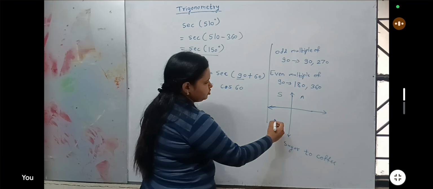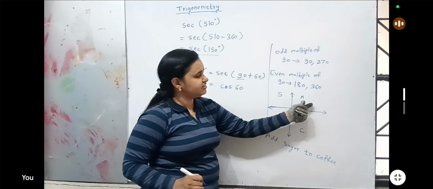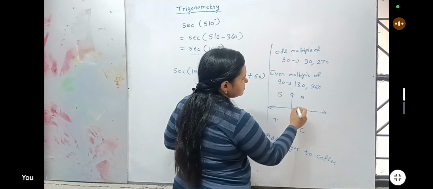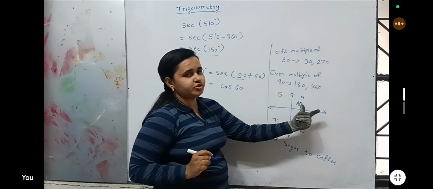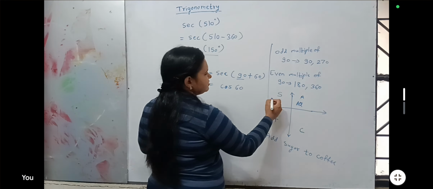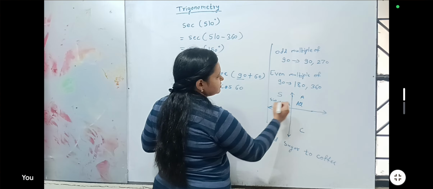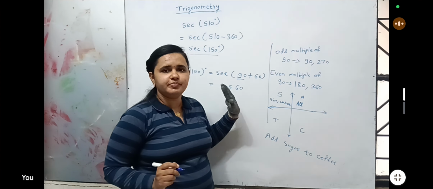In the third quadrant it is T, and in the fourth quadrant it is C, add sugar to coffee. A means all ratios are positive in the first quadrant. In the second quadrant, S means sine and cosec are positive. All others will be negative.